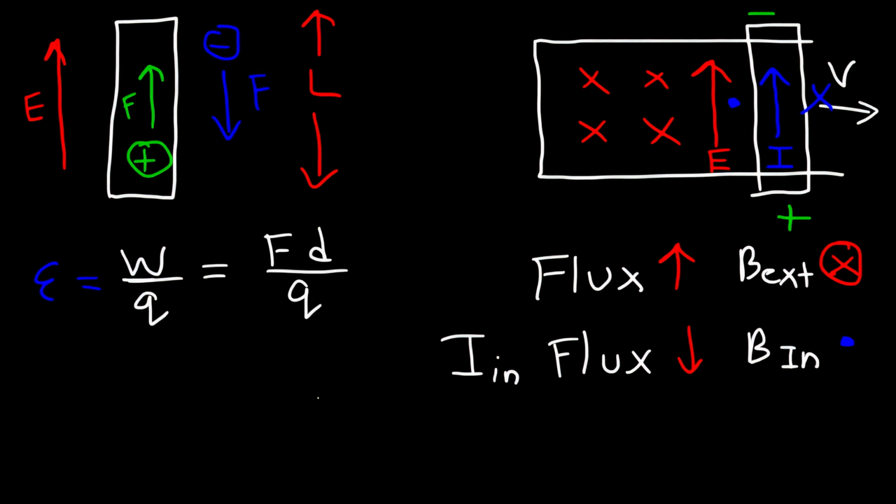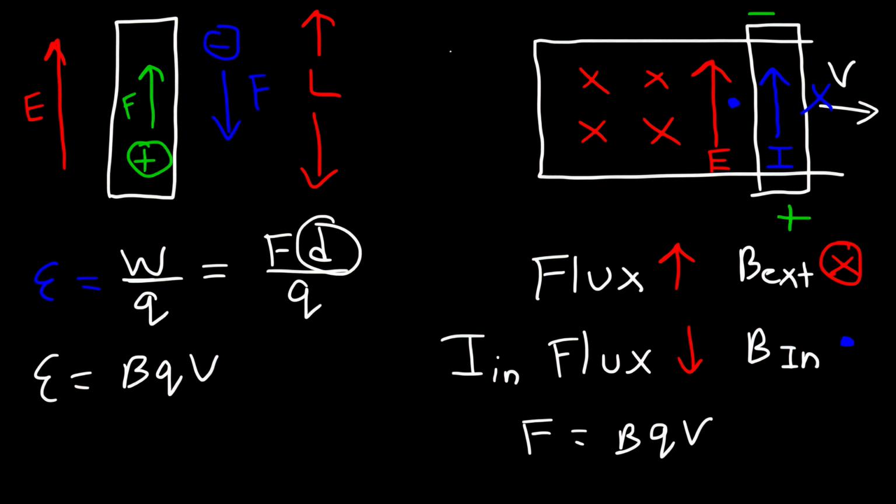And the magnetic force on a moving charge, we know it's BQV sine theta, but B is perpendicular to the surface, and so sine 90 is 1, so we don't have to worry about the sine part. So let's replace F with BQV.